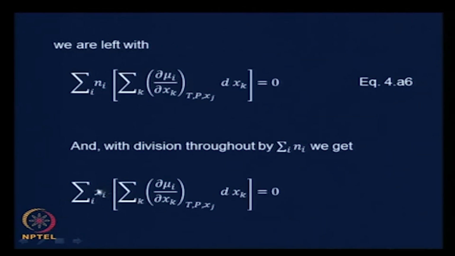When this is varied, the whole range of k is taken into account. So, summation over k of dou mu i by dou xk at constant T, p, xj, dxk equals 0. Okay, we have arrived at this stage, equation 4a7, at the end of the last class.